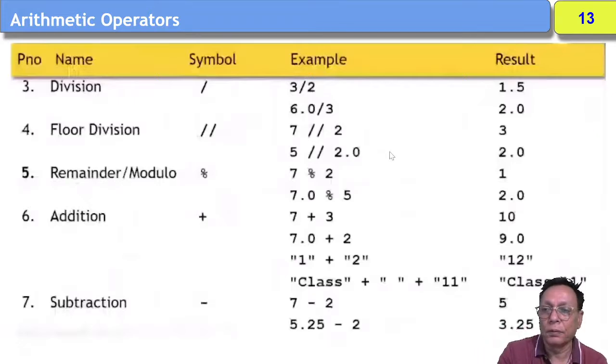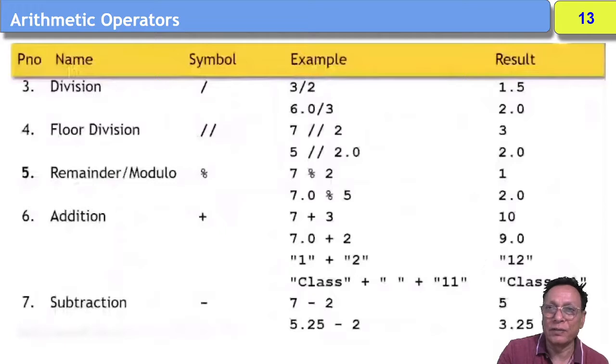Next is remainder, modulo. It means if you divide an integer by some other integer, and it is not fully divisible, then it should return the remainder. Like 7 modulo 2: 2 times 3 is 6, and 1 is not divisible, and that is why 1 is the remainder.